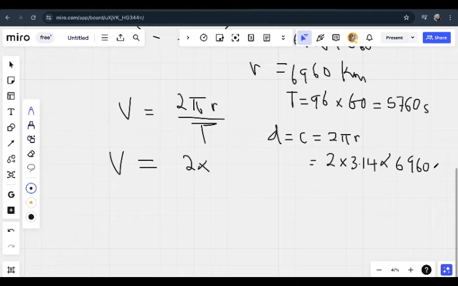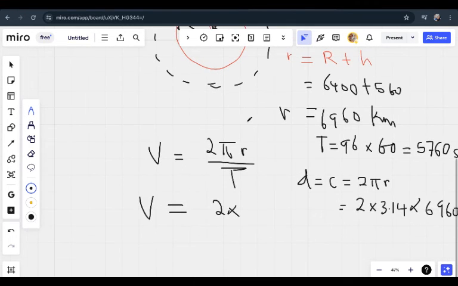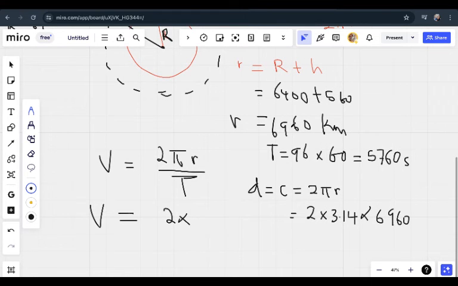Okay, we'll change it to meter. Our orbital radius was in kilometer. Look at where we wrote the value: orbital radius equals 6,960 kilometers. To change it to meter, you just add 3 zeros, because 1 kilometer equals 1,000 meters.